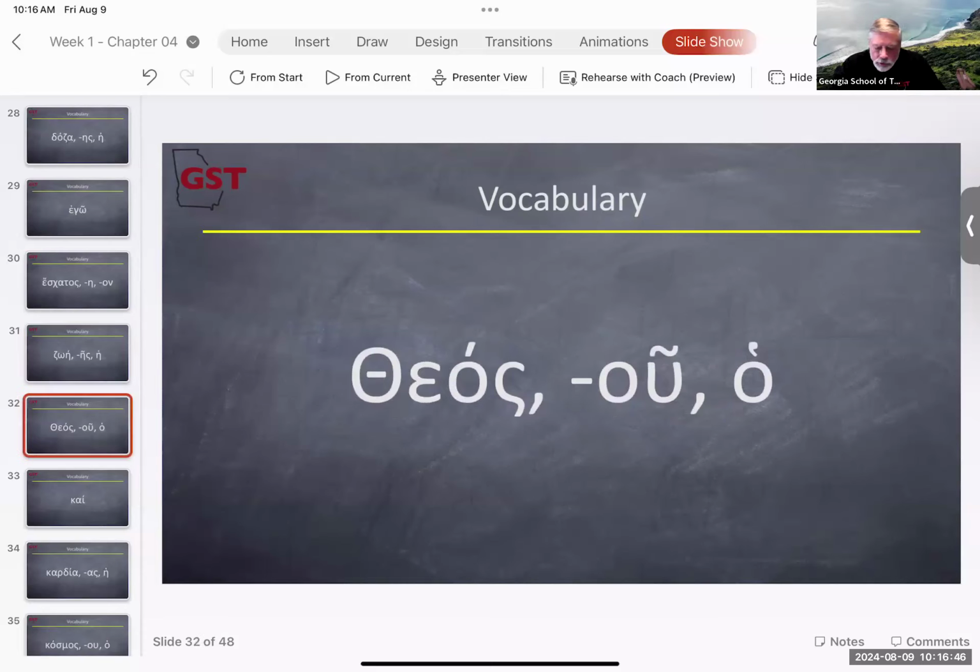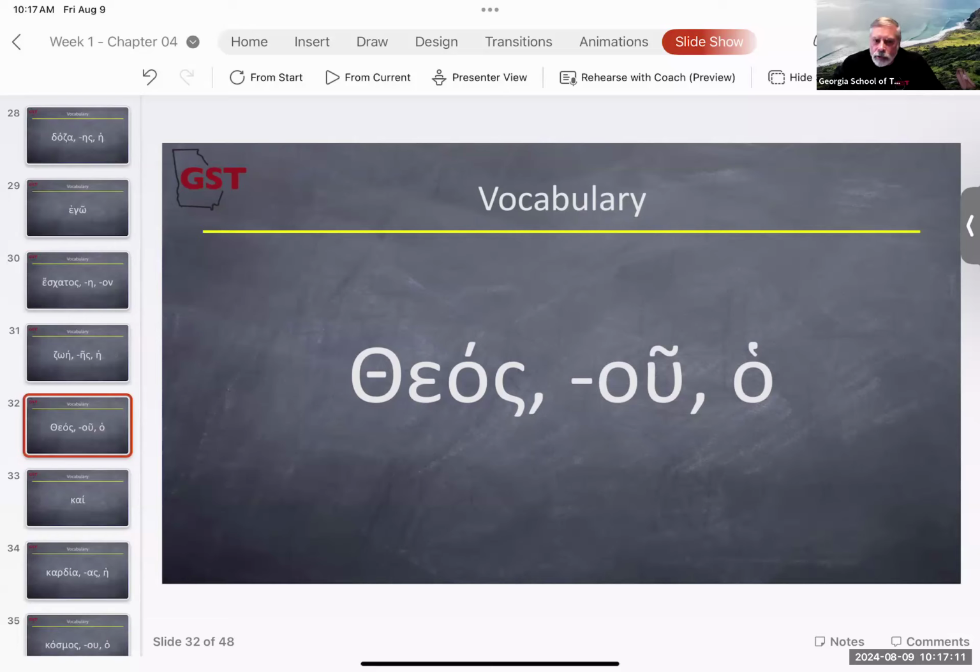What about this word? Can you do this one? This is really hard. Theos. And what does that mean? Well, theos, God. There you go. Could be God of the universe, the creator. It could be a pagan god, any god. So they would use that if they were talking about Zeus or one of those pagan gods.